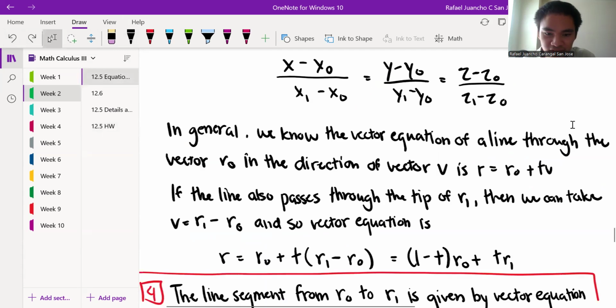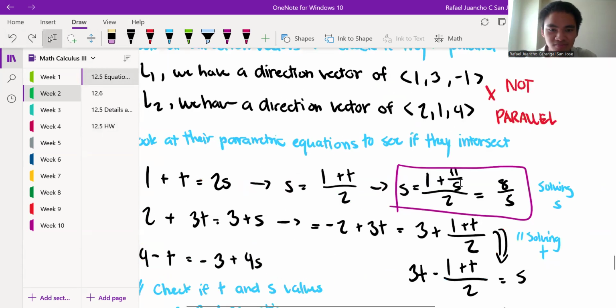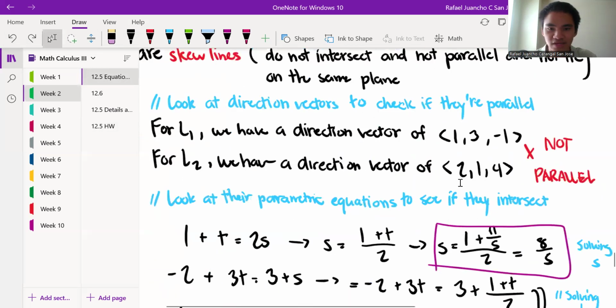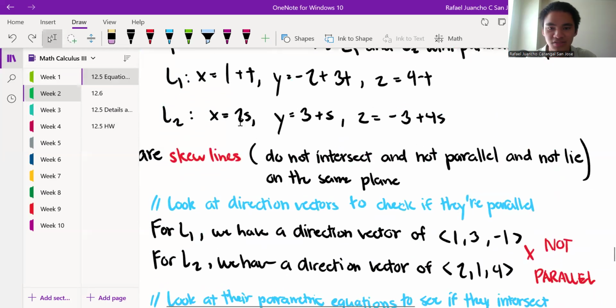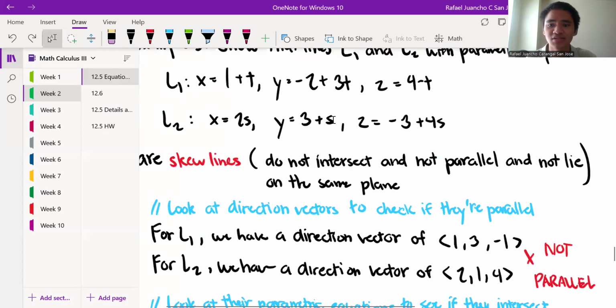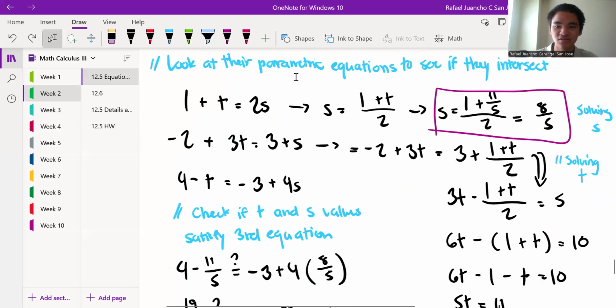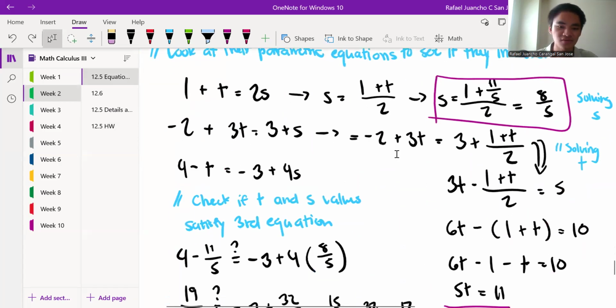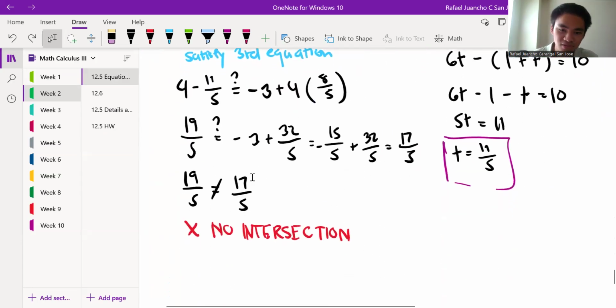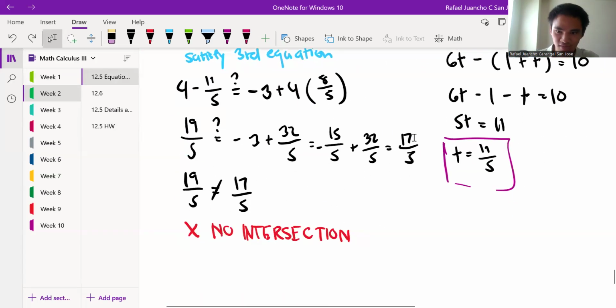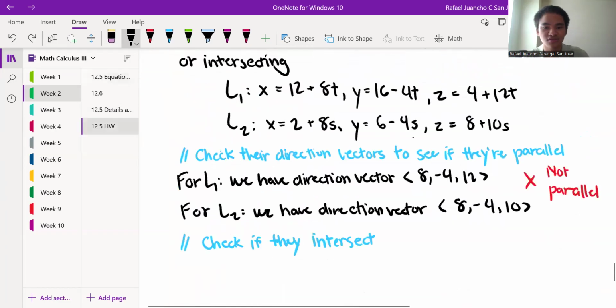If we look at our example, that's exactly what we did. So we have 1 plus t equals 2s, negative 2 plus 3t equals 3s, 4 minus t equals negative 3 plus 4s, and we got some s and t out of it. But it doesn't work at the end, so it means they don't intersect.